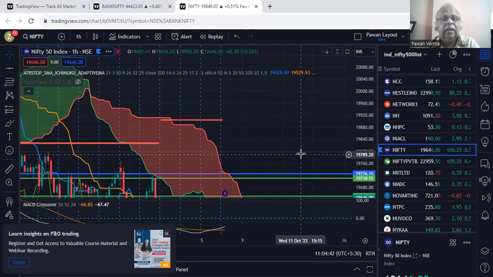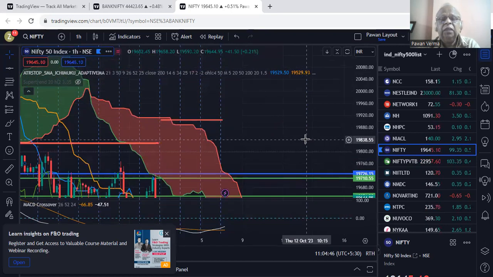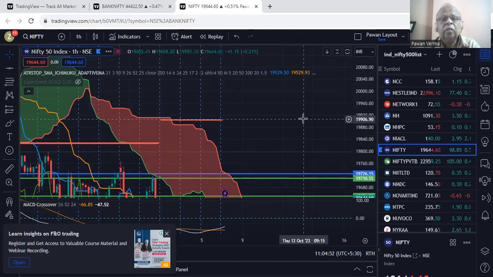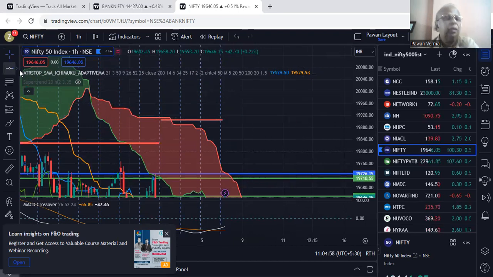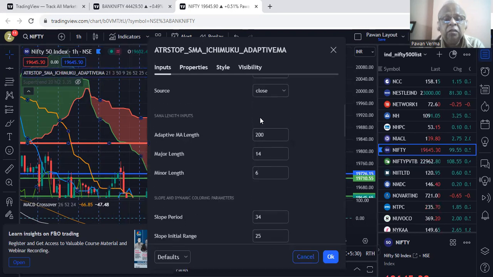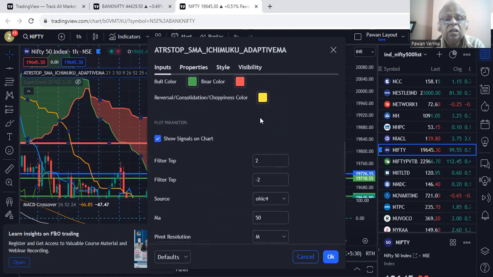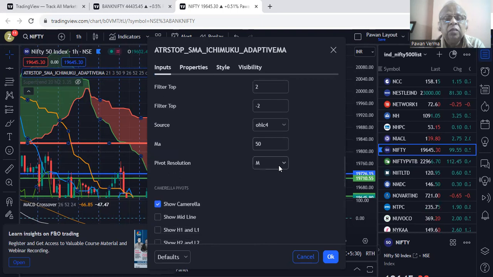Then the second target will be 19,906.90, that is 19,000. This is the monthly target. This is very high. We will change the resolution right now. This is monthly.